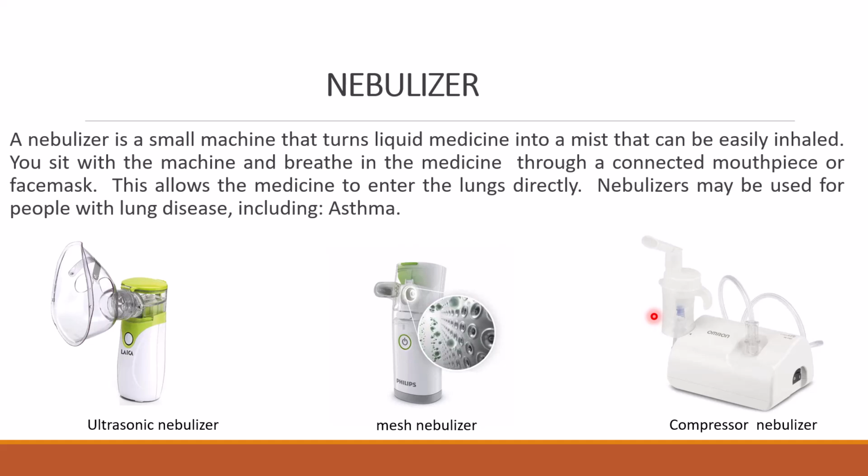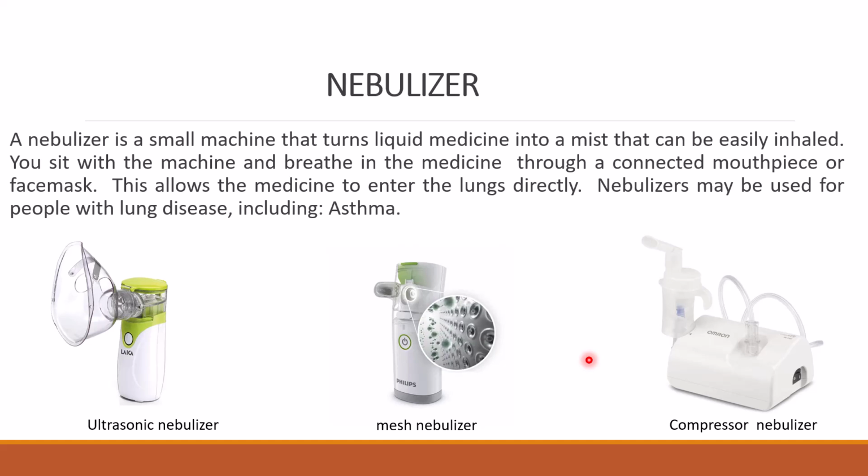This allows medicine to enter the lungs directly. Nebulizers may be used for people with lung diseases, including asthma. So this device is used just to convert the liquid medications into an aerosol, and deliver them directly to the patient's lungs.